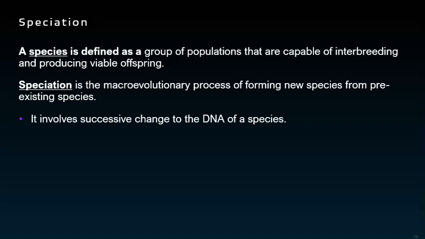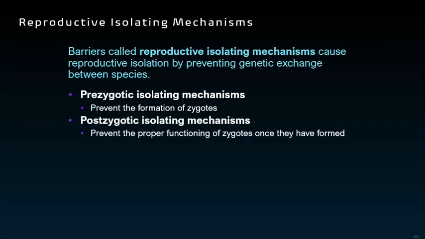Speciation is the macroevolutionary process of forming a new species from a previously existing species. And this involves successive changes to the DNA. So speciation is any time one species is formed from a different pre-existing species. We also talked about our barriers to reproduction, and this is called reproductive isolating mechanisms. They cause reproductive isolation by preventing genetic exchange between species.